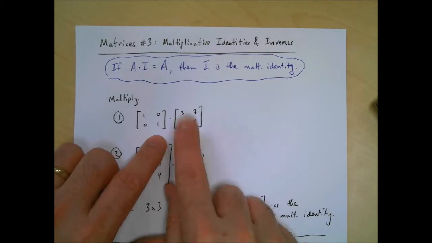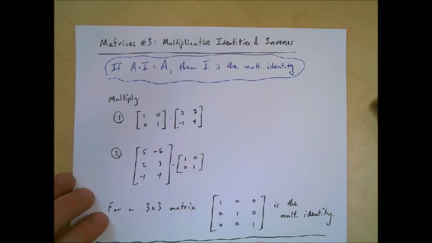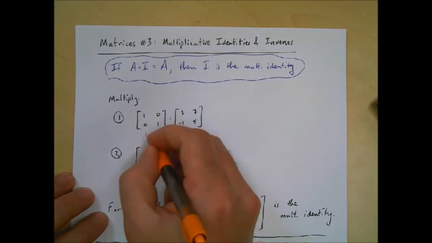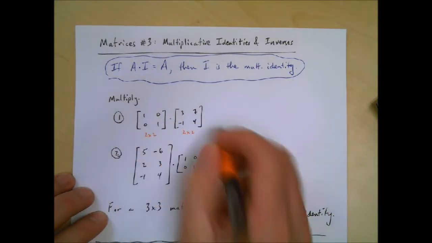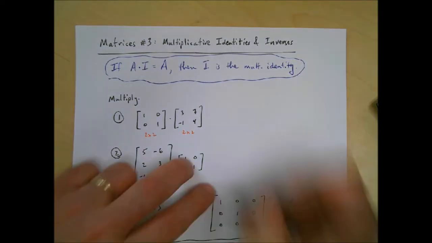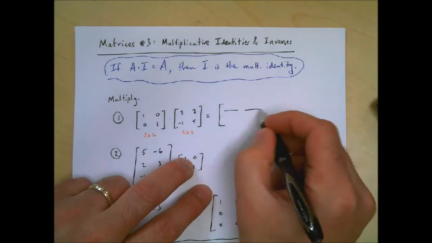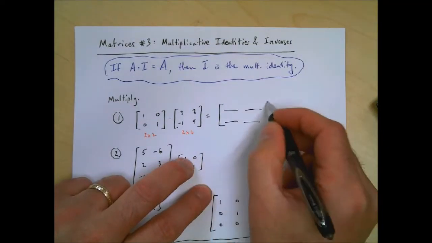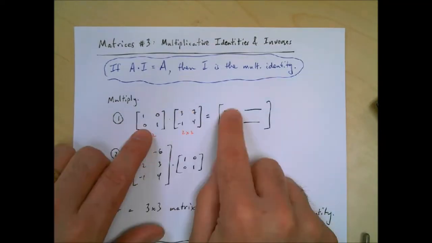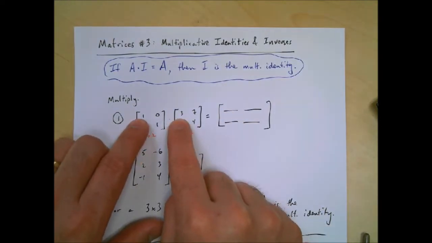So if I have these two matrices that I'm multiplying, this is a 2 by 2 and this is a 2 by 2, and we can see obviously that we can do that. And so we get a 2 by 2 resultant. Okay, so first row, first column, we get 3 plus 0.